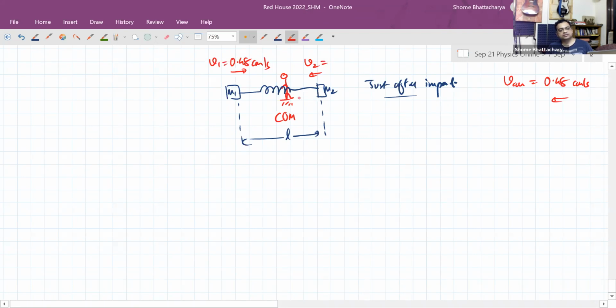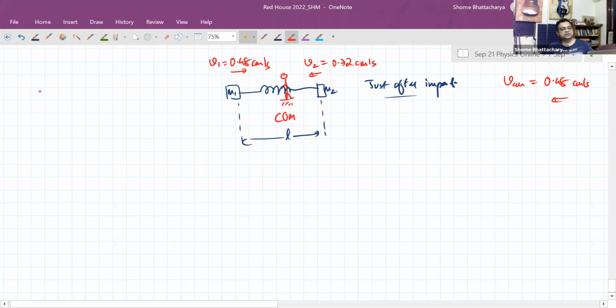and this one was having a velocity of how much was that? 1.2. So it will be 1.2 minus 0.48. So that is going to be how much? 120 minus 48. So that is going to be 0.72, right? Like this.